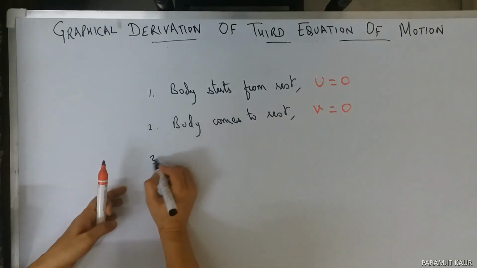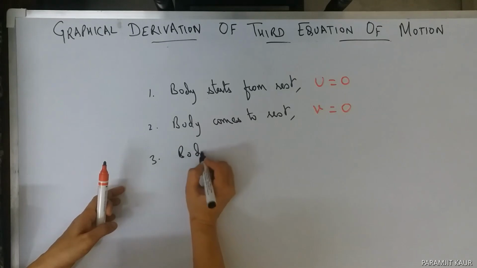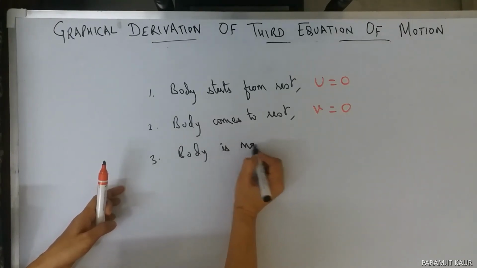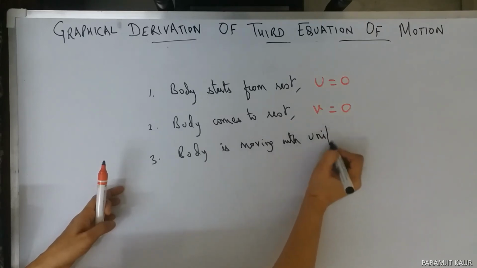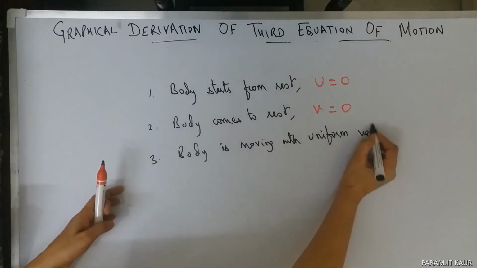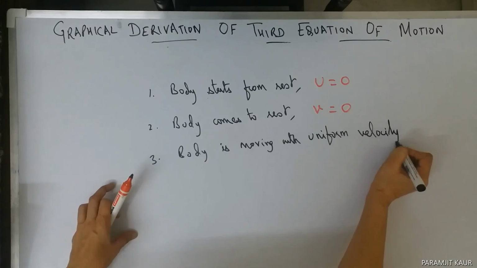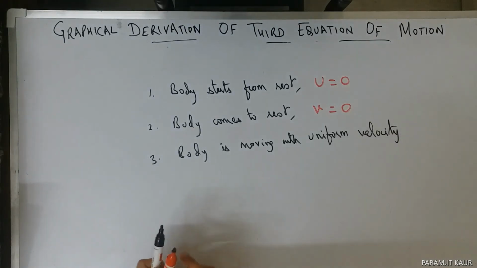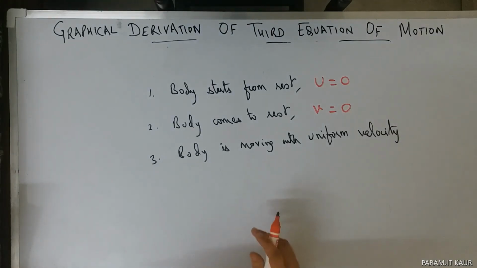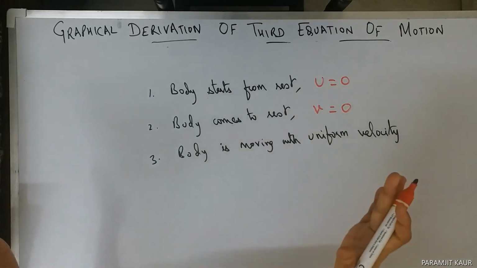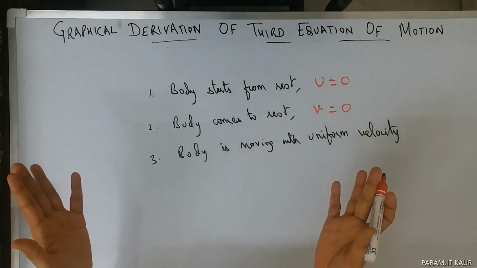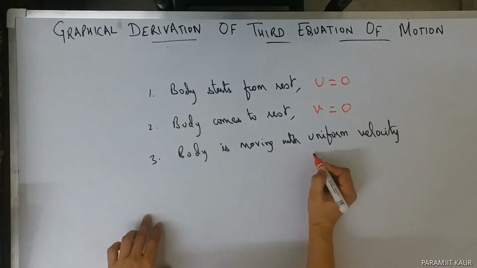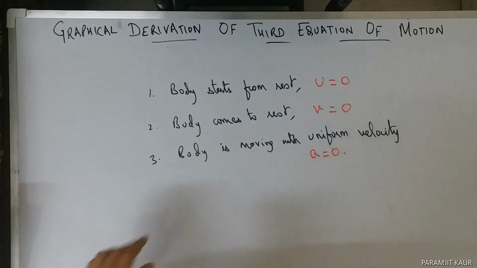The third thing, if it says the body is moving with uniform velocity, what do you mean by this? Uniform velocity means there is no change in the velocity. So, if there is no change in the velocity, what do you conclude from here? That's right. It is a equal to 0.